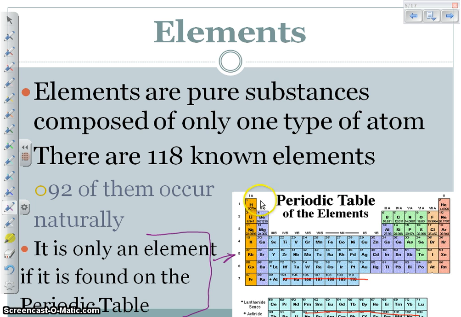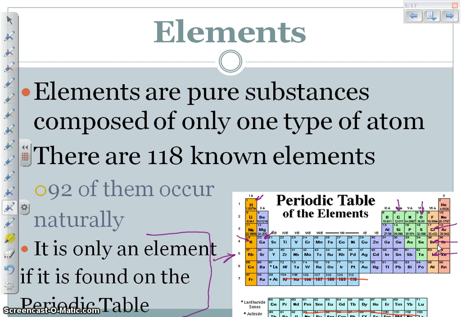So your examples would be stuff like hydrogen, or carbon, or calcium, Mr. Banker's favorite element, potassium, oxygen, that's stuff that you breathe, chlorine, the things that make your eyes burn in the pool, bromine, or iodine. Every single one of those is an element.